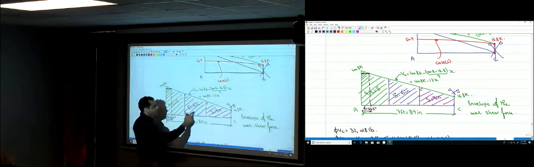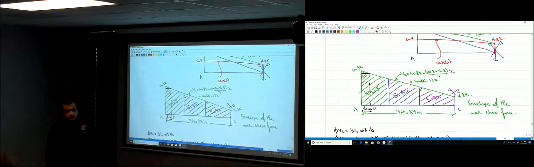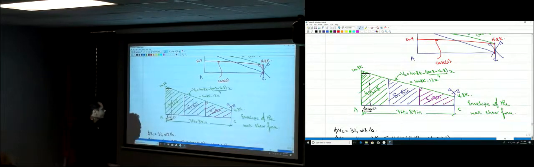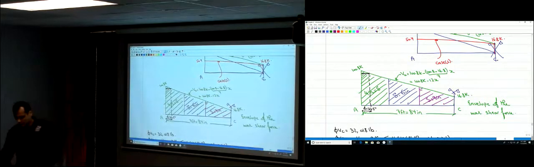At what point can you provide a spacing of 6 inches? Find it from the equation. Find the strength of spacing of 6 inches and find that point where the shear is equal to the strength of 6 inches. Okay? So let's do this.